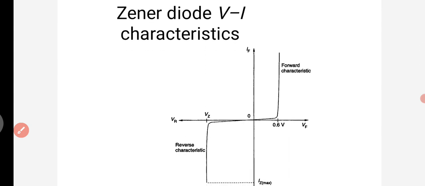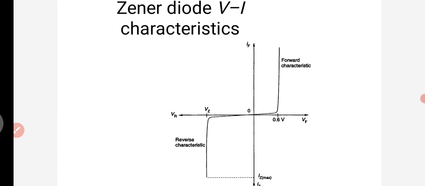Next is the Zener diode VI characteristics. When the Zener diode is connected in forward bias, it works just like a PN junction diode, but mostly the Zener diode is used in reverse bias as a voltage regulator.